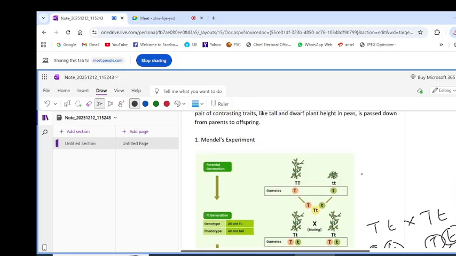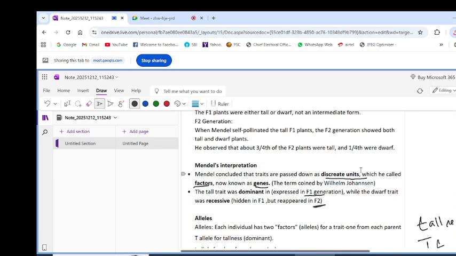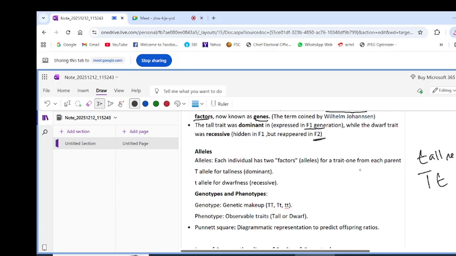This tallness allele transferred from the tall parent, and this allele from the short parent, and they come together to produce a new gene combination. So each individual has two factors for a trait, one from each parent. These are called alleles. The capital T is one allele and the small t is another allele.